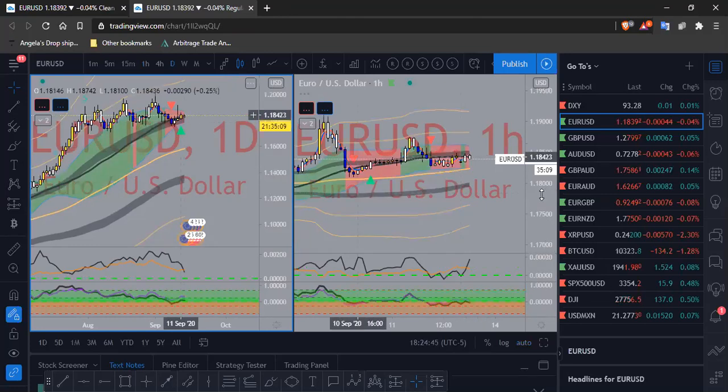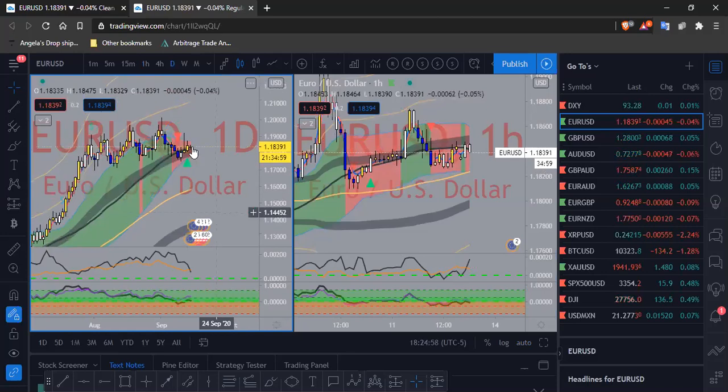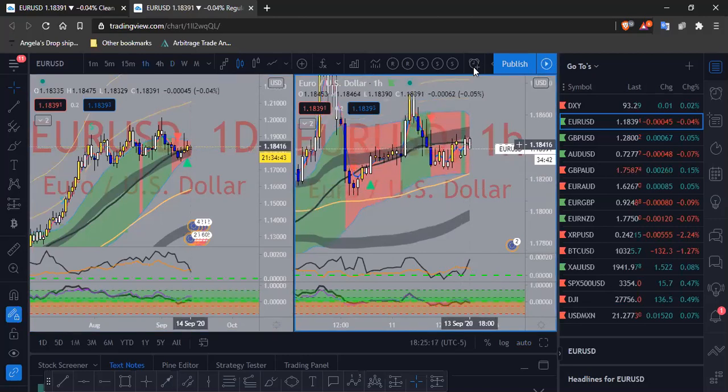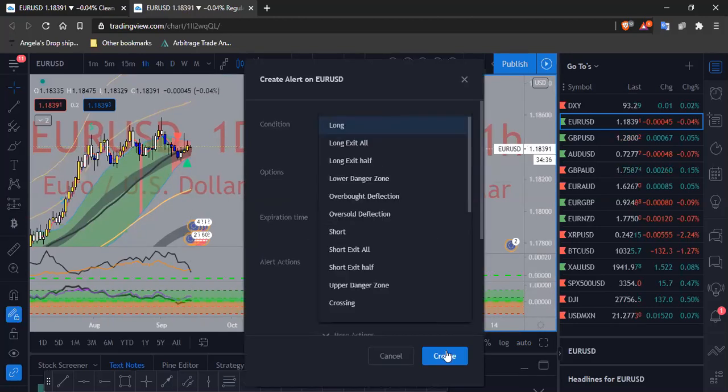But me personally speaking, I like the 1 hour, first of all. I don't think that price is necessarily just going to keep riding on this. I personally think that price is going to start dropping, especially the way the 1 hour looks. It looks like it's going to keep dropping, but I will set my alert for an exit on the 1 hour time frame.